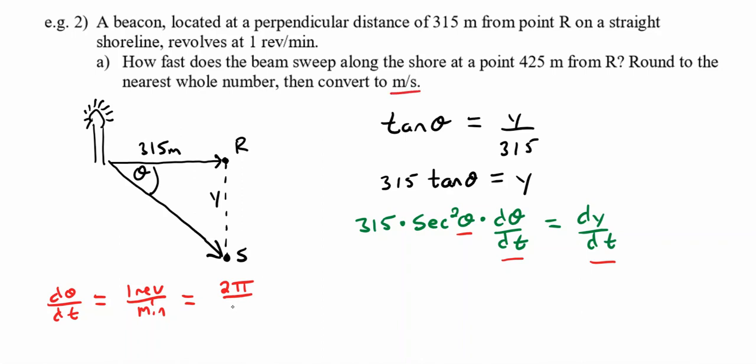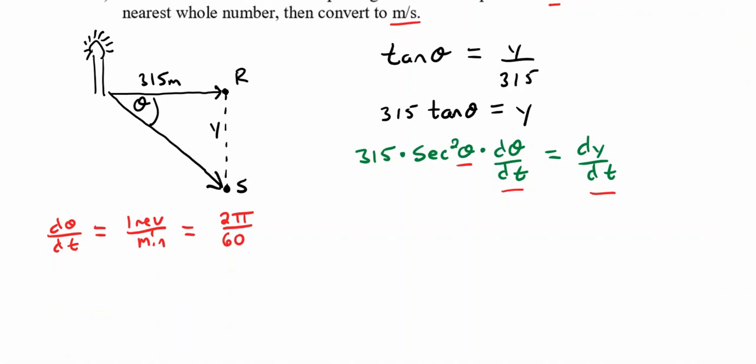That's really this step. All we have to do is make sure our units are all consistent. So if these are in meters and I want meters per second, then I'm going to change this into revolutions per second. So how many seconds are in a minute? 60, right? Okay, so it's pi over 30.